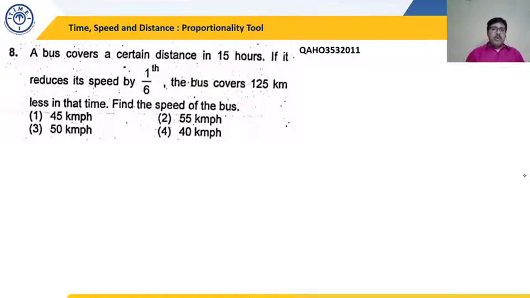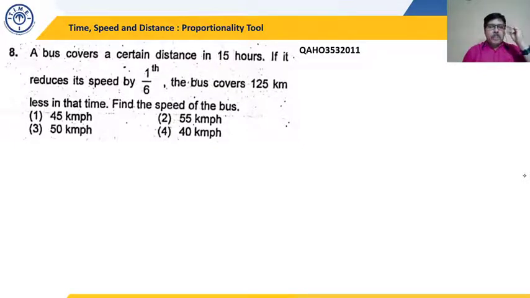Now try to figure out quickly which variable is constant. In the last question distance was constant, but in this the time taken is constant, fixed. In the first scenario it was 15 hours. In the new scenario it is again 15 hours.